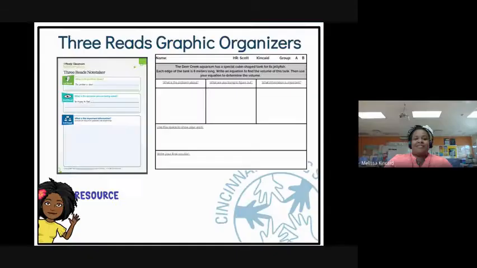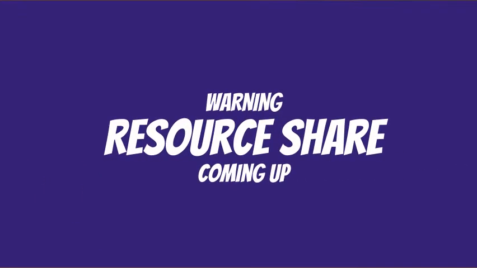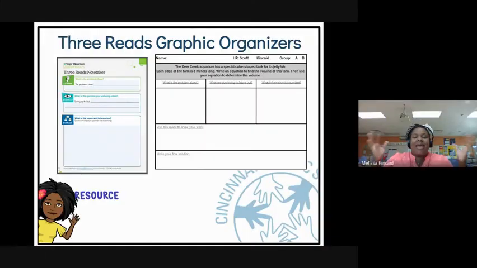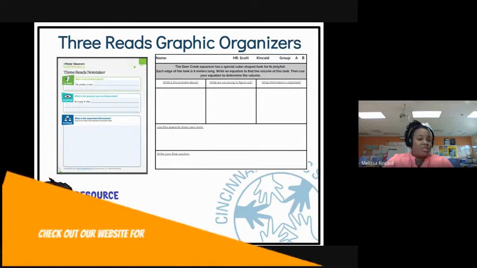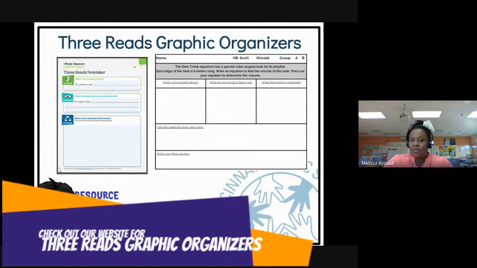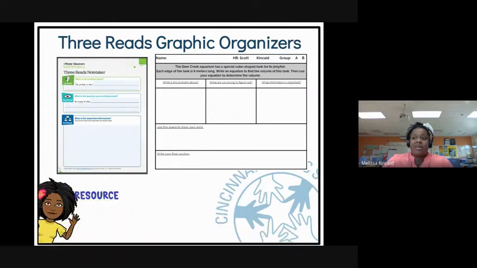Now, time out. You just talked about the 3 read strategy, which I absolutely love. The 3 read strategy was very impactful for my students last year because they struggled with being able to make sense of word problems. Now, there are some resources that are available in iReady in order to help your students, graphic organizers to help them to go through each one of the steps and document their thinking.